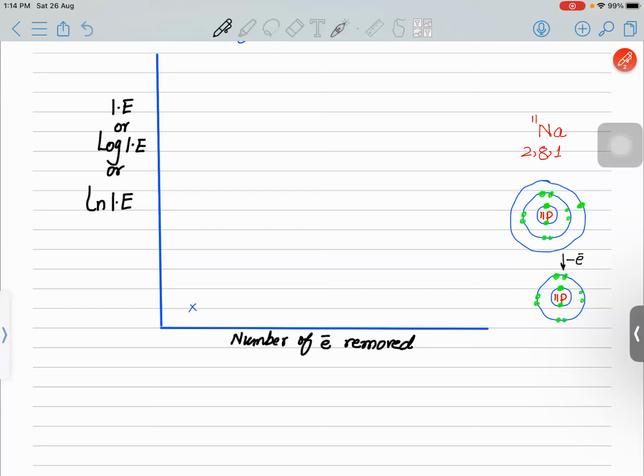Is it going to be less? Why less? Because the shell is decreased. Now the valence electron is nearer the nucleus, so there is more nuclear attraction, and more energy is required. But sir, what about the shielding effect? Yes, shielding also decreases because the shell is changed.